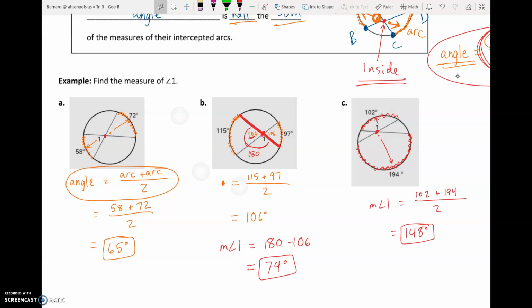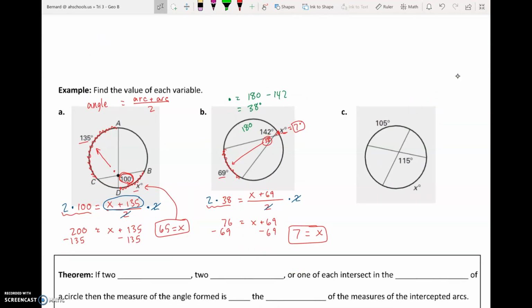These just intersect somewhere inside, but again, not the center. So inside, inside, inside, and then on these three as well. Inside, inside, and then this last one, inside. Anytime it's inside the circle, we get that our angle equals the two arcs added together, so arc plus arc, and then divided by 2.